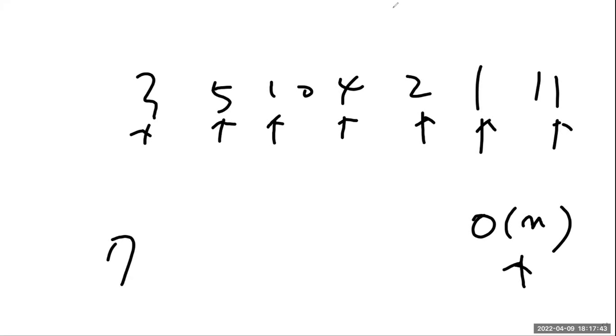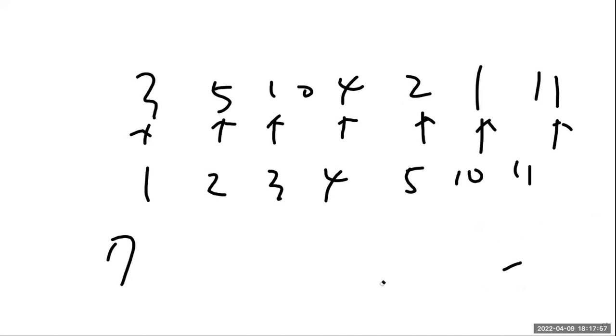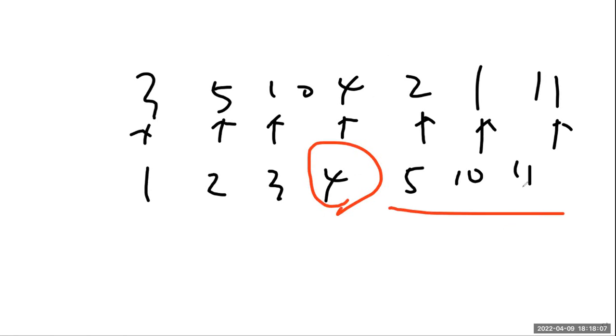If we can sort the data somehow, we have 1, 2, 3, 4, 5, 10, 11. Then we do not need to spend order n to search for it. We can check the middle one. Right here, the middle one is 4. 7 is bigger, so we search the right side.